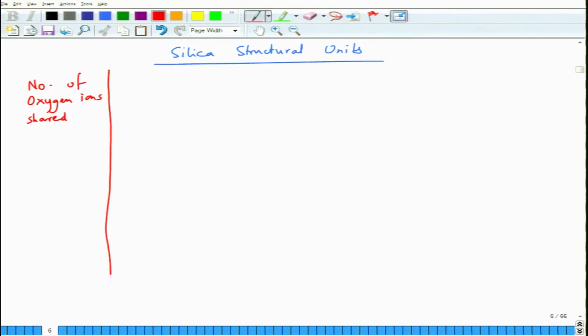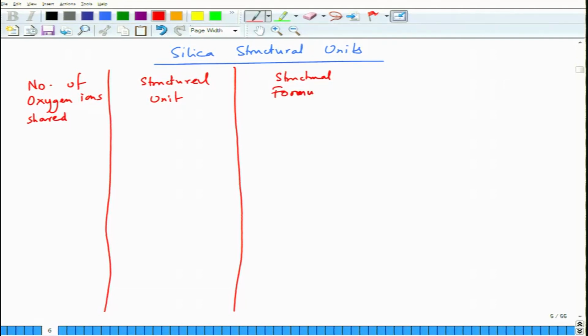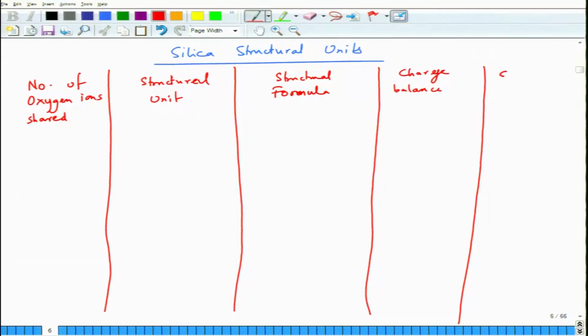That is the first column. Then the structural unit, then we write what is the structural formula. Then we write what is the charge balance. Then finally, let us look at the example.